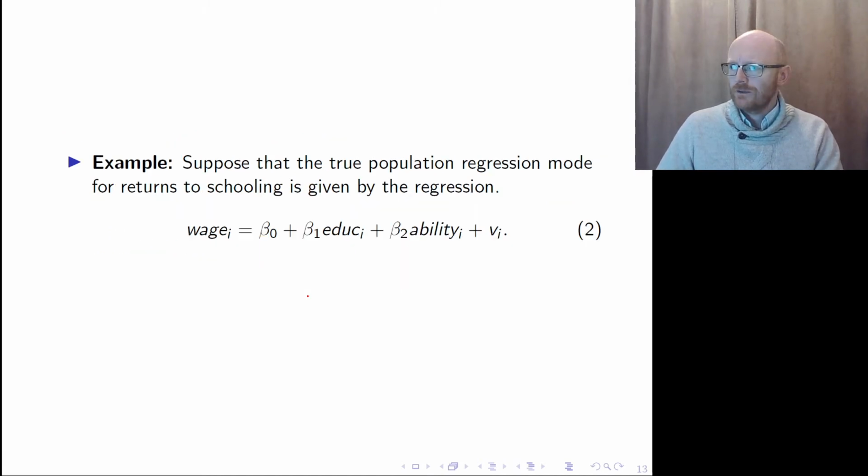So, for example, suppose that we have this true population regression model for returns to schooling, which is here.